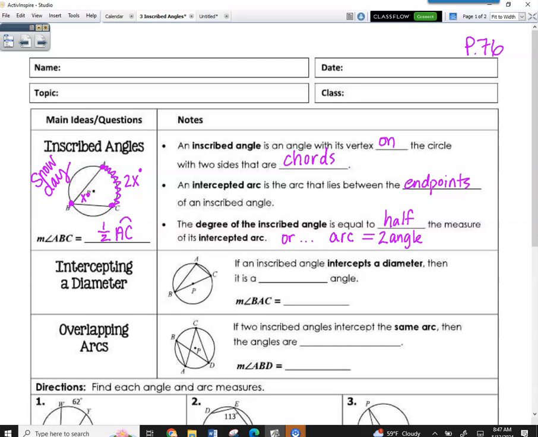All right, two pictures of special circumstances that sometimes come up. Not always, but sometimes. Look at this one. Intercepting a diameter. Look at the picture. Name the diameter by 2 letters. What's the diameter?